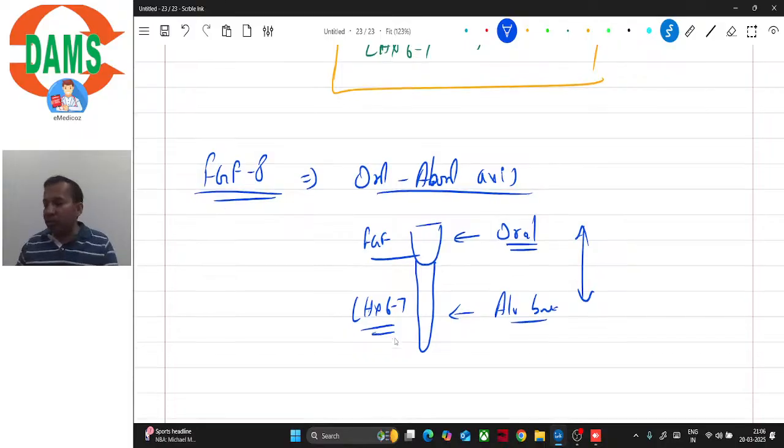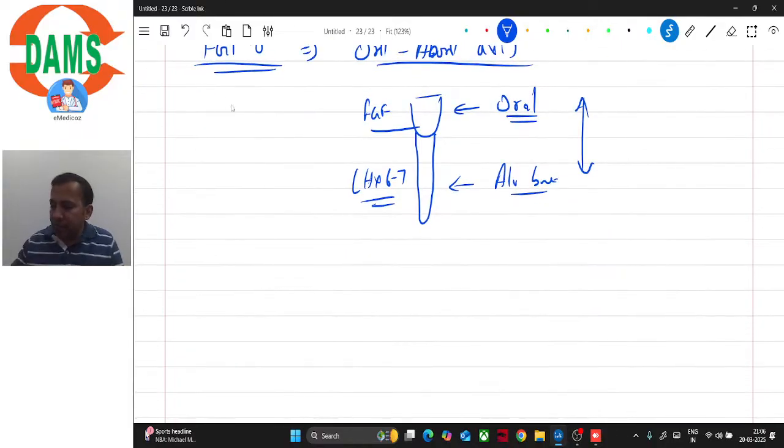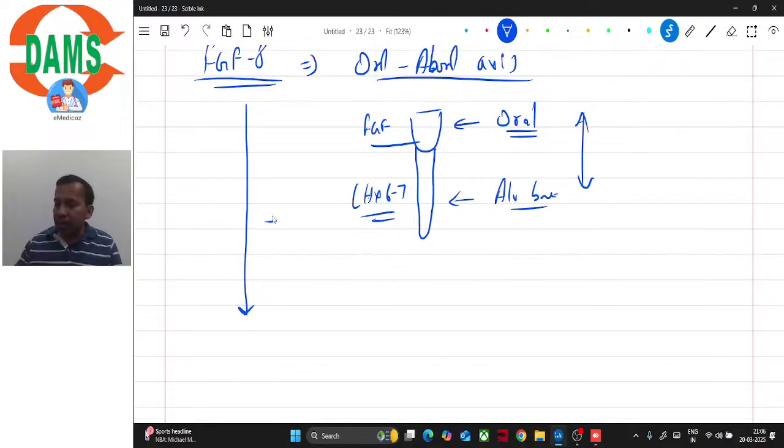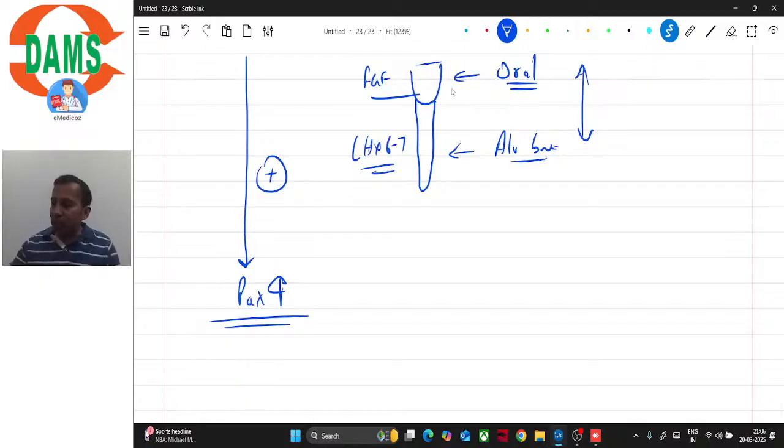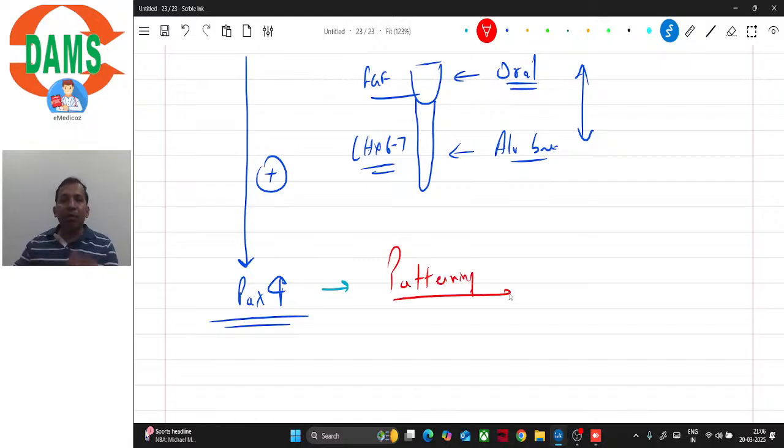What is the role of PAX9? Apart from establishing the oral aboral axis, FGF8 also stimulates the expression of the PAX9 gene. Its role is in patterning. Now what is patterning?